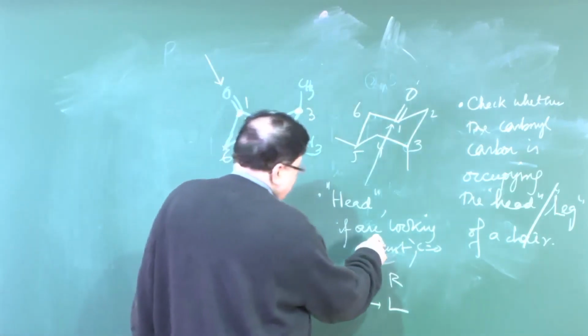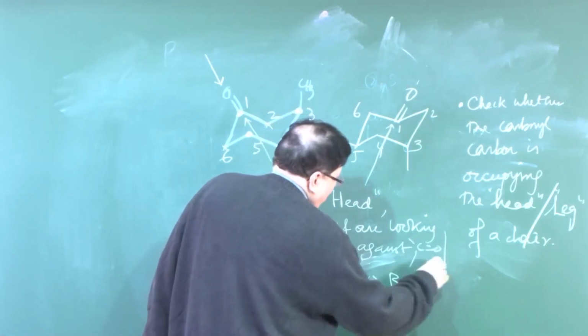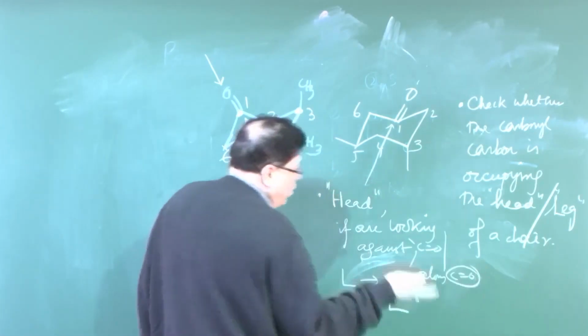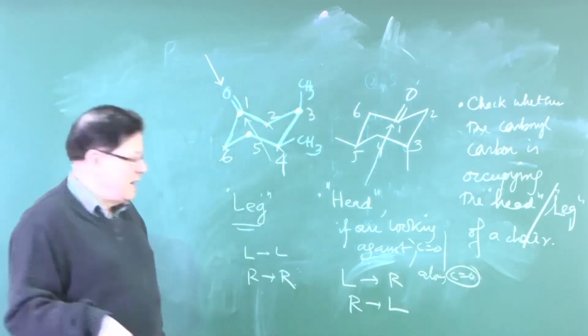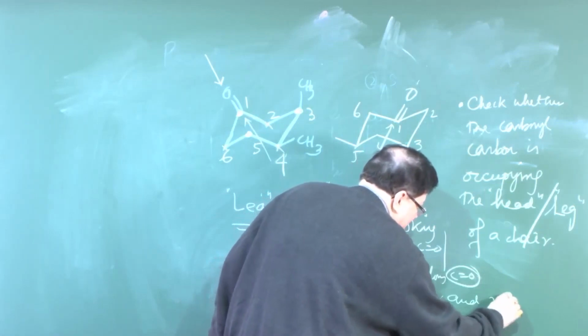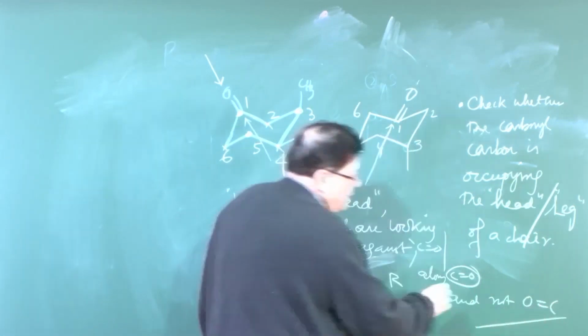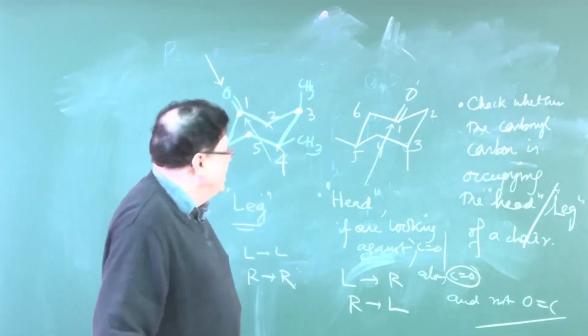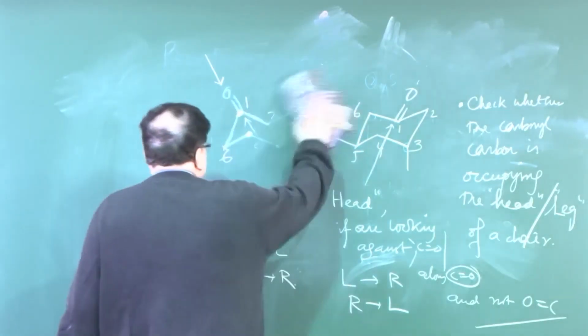I can also say that if you are looking along C double bond O and not O double bond C. Okay. So, these are the things. If you remember these things, then I think drawing the Wordy projections becomes much easier.